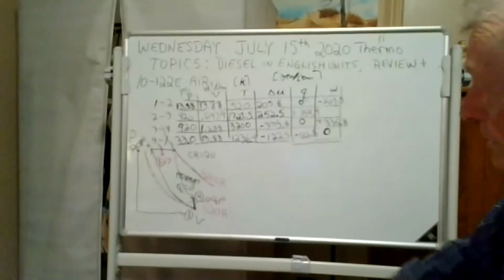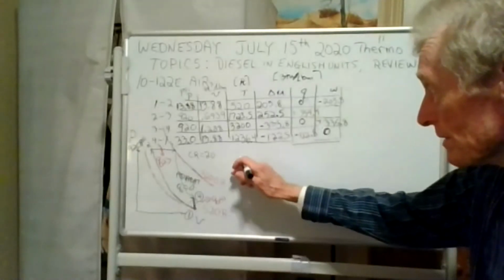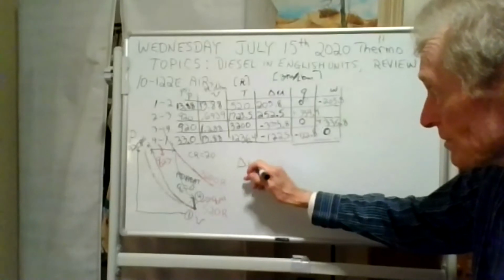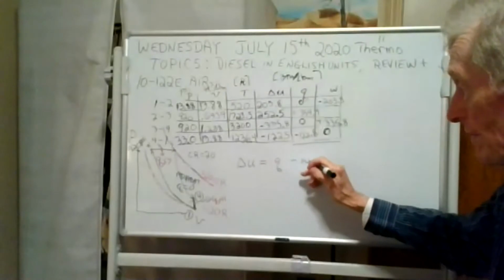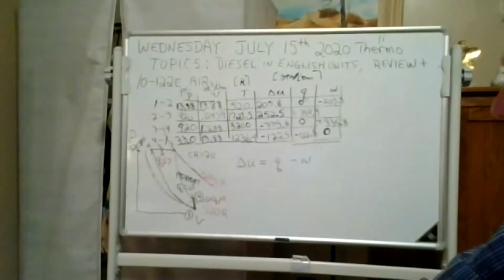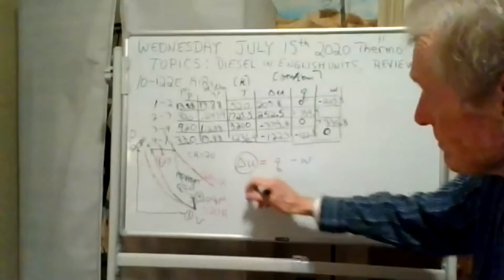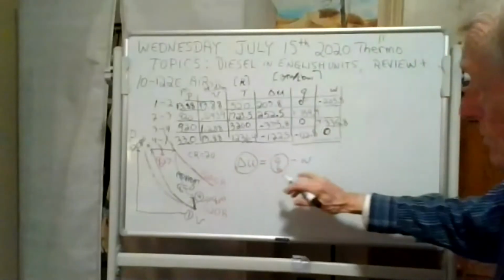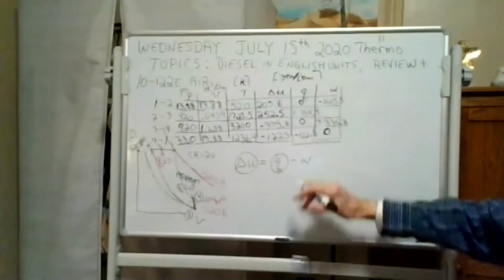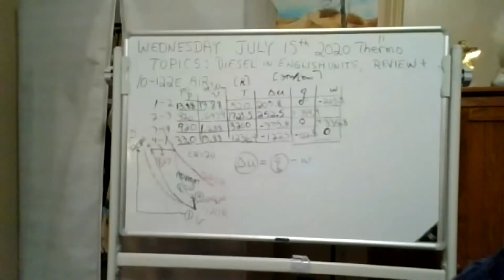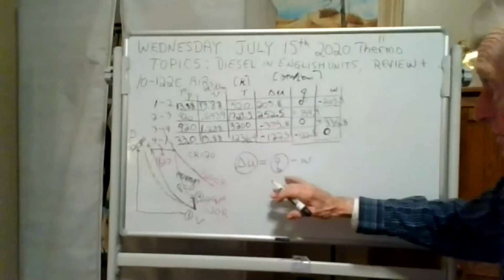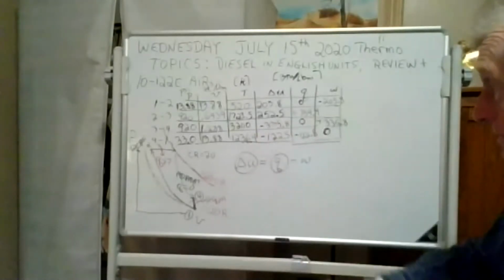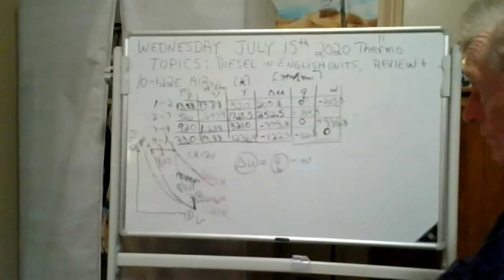Okay, from 2 to 3, the first law says, and see, we know this, and we know that we should be able to get that, algebra students. You guys all took algebra. I know you can do this. Solve it and get the work there.